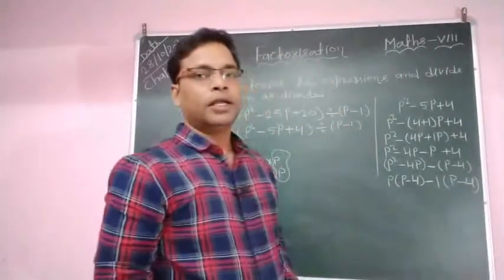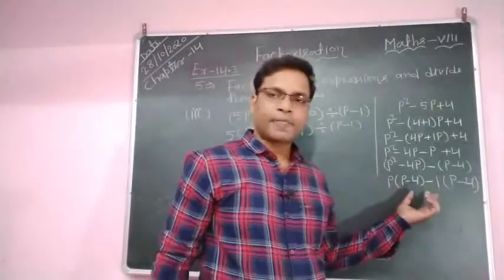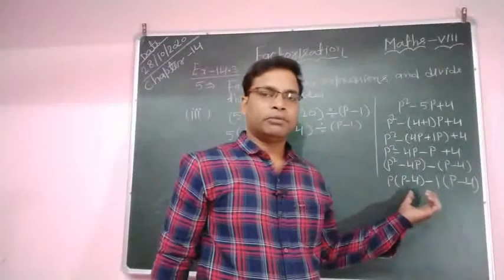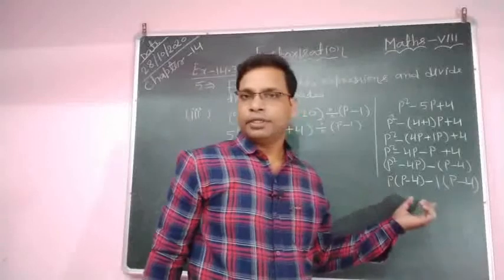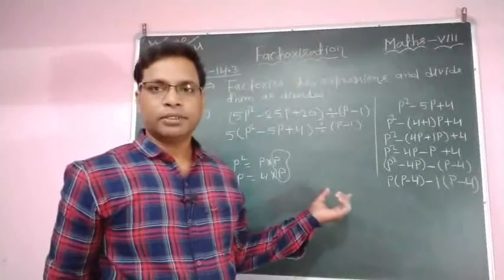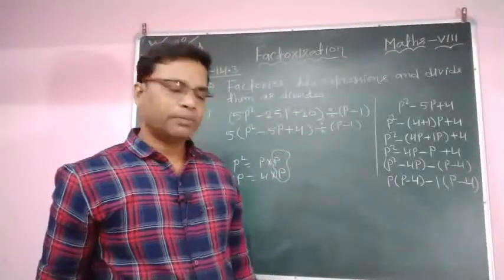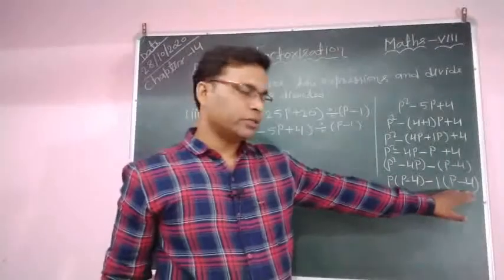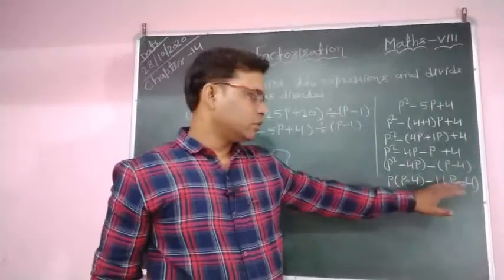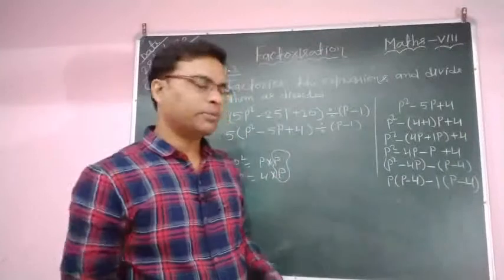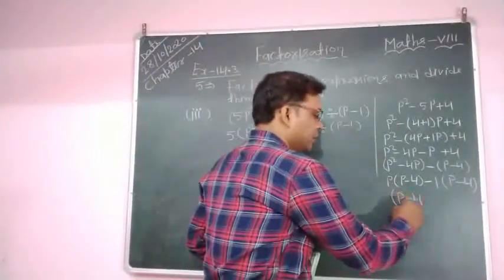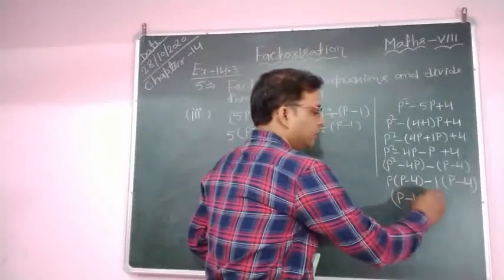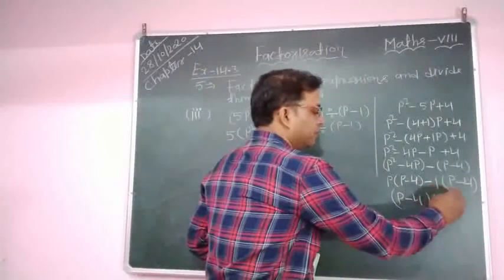Now we notice that p minus 4 is common between both terms, the first term and the second term. If we take common p minus 4, then we obtain p minus 4 in the first bracket, and in the second bracket p minus 1.